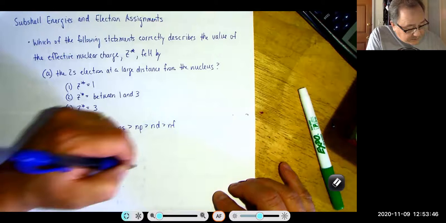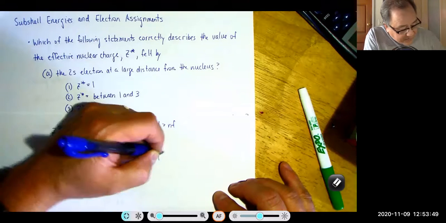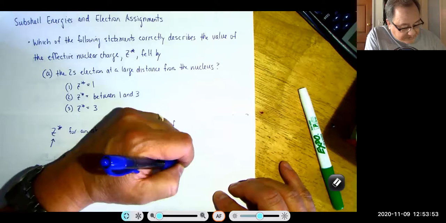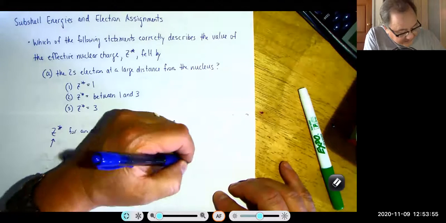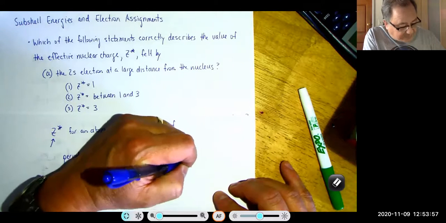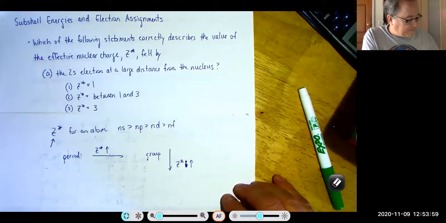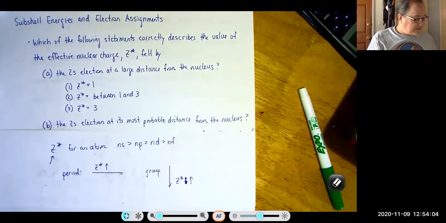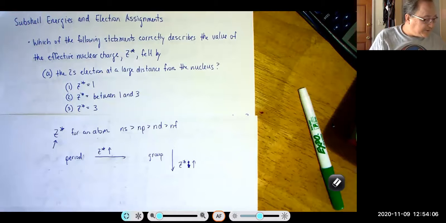When you go down a group, Z star decreases, or excuse me, also increases because you're getting more electrons. Okay. So let's take a look at this.